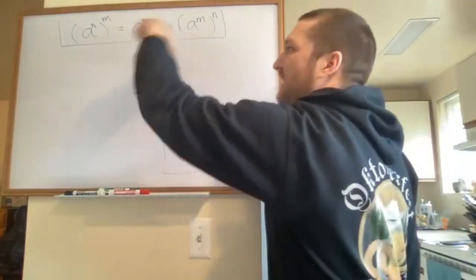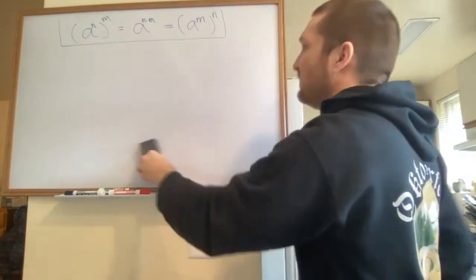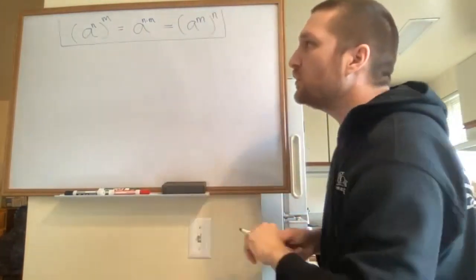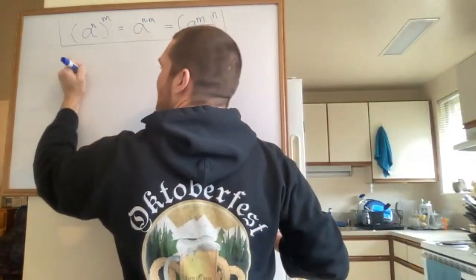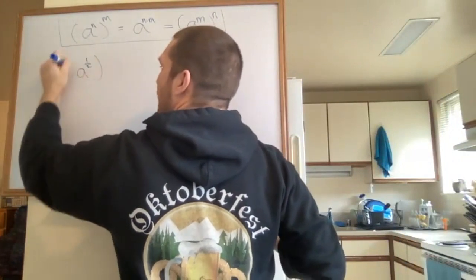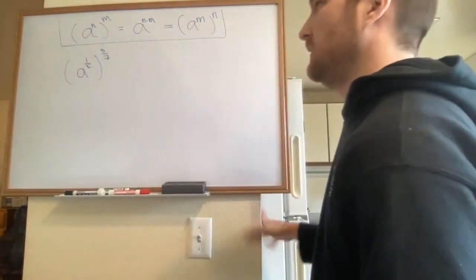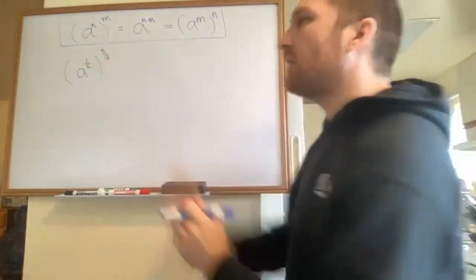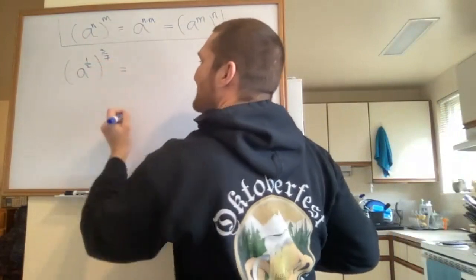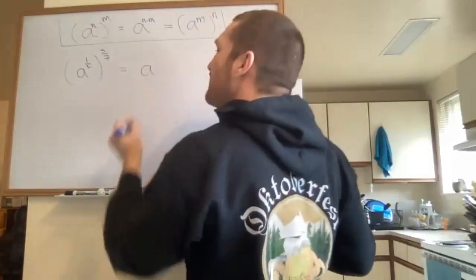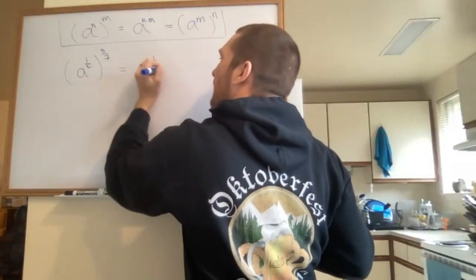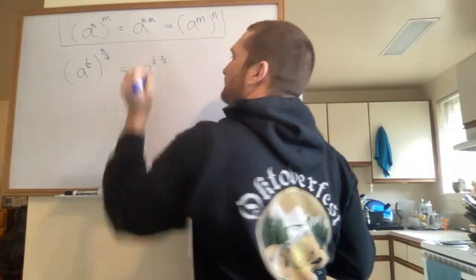So this fact is going to have to be true even if you have, say, a to the 1/2 raised to the 3/7. It has to be the case, for mathematics to remain consistent, that this is the same thing as a to the 1/2 times 3/7, like that.